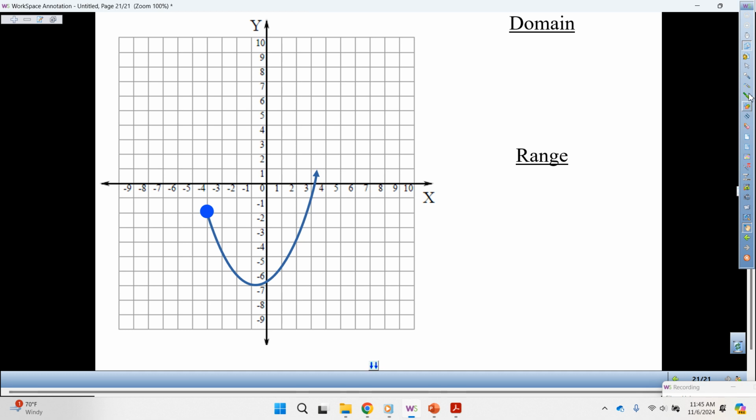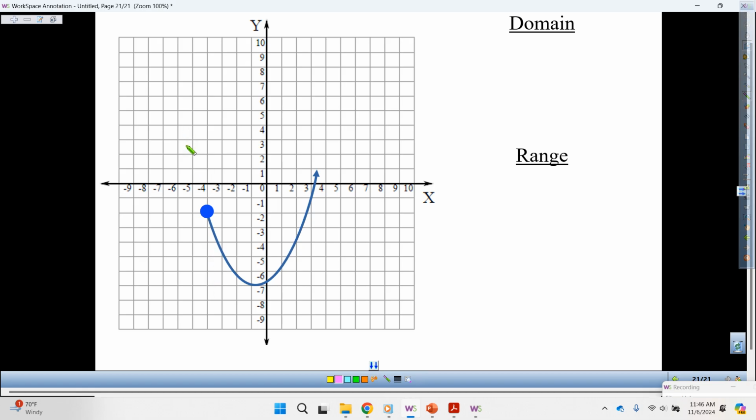I'm going to start with the domain. Let's see, who went last? Franco, pass them one. Elijah, from where on the left side to where on the right side for the domain? What is it?